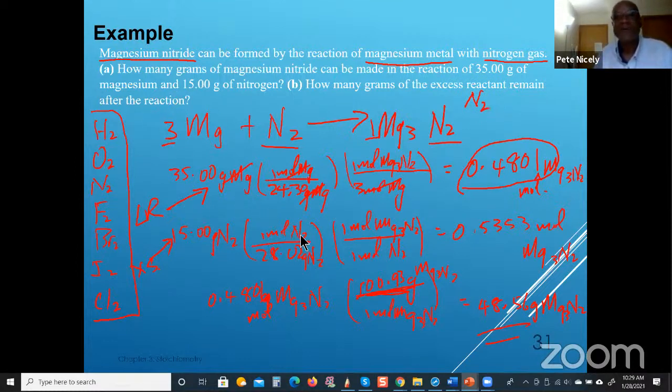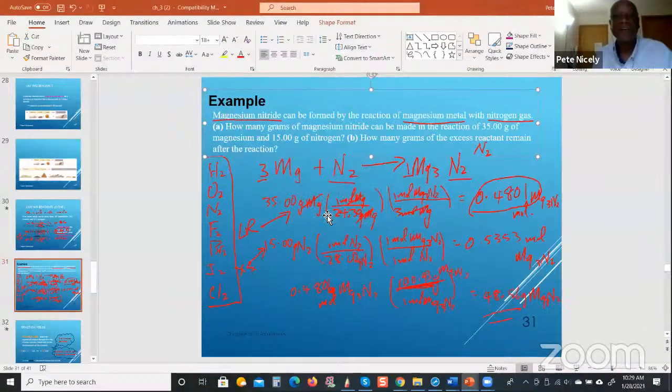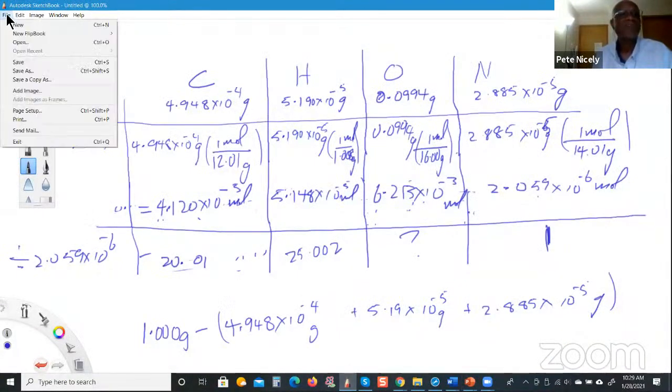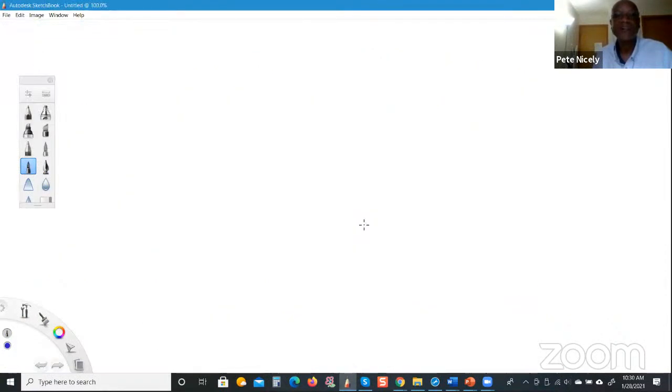Okay, so how are we gonna do this? Let me go to my writing pad here. And I'm going to just eliminate all of that there. Okay, so what we're going to do is first start off with the limiting reactant, which is the 35.00 grams of magnesium, right?